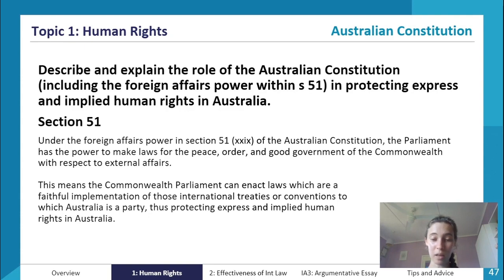So that means that they can make some laws that are faithful implementation of international treaties, and thus they're protecting express and implied human rights in Australia. So any laws that they make have to still be in line with treaties that they have signed and ratified, but they do have that power to make those laws.